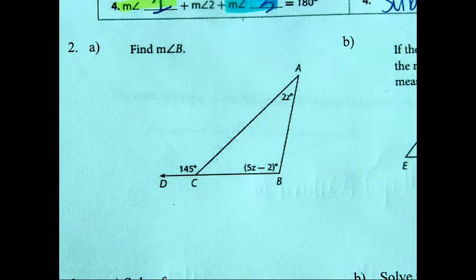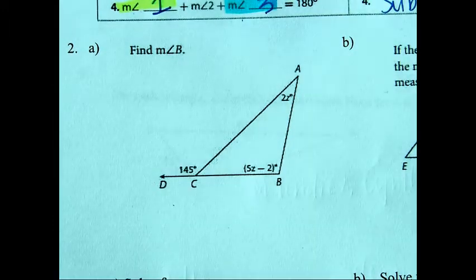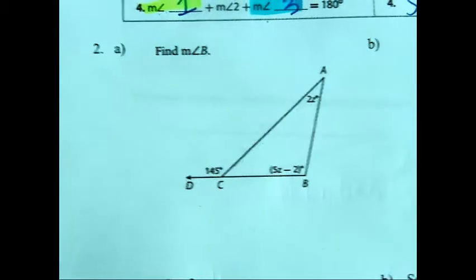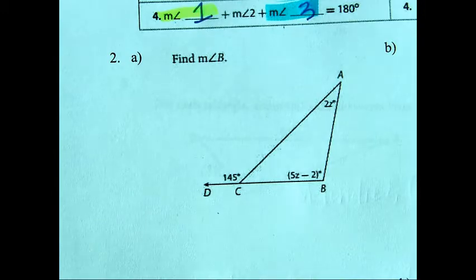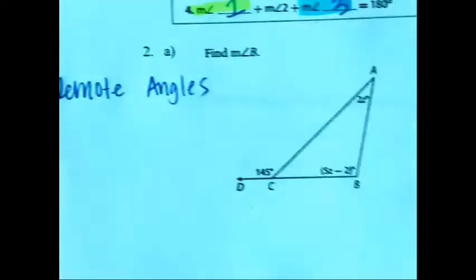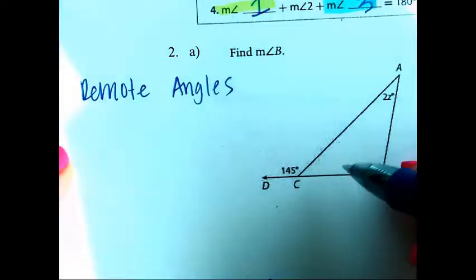Okay, so number 2, find the measure of angle B. So here we have this figure. The main idea behind this is for you guys to see that the remote angles, remote just means further away.